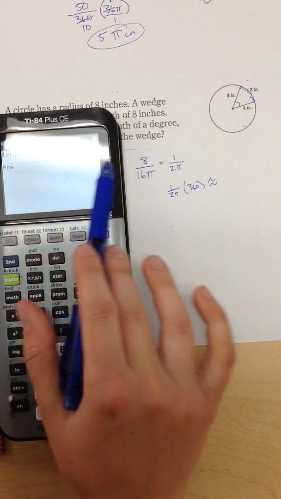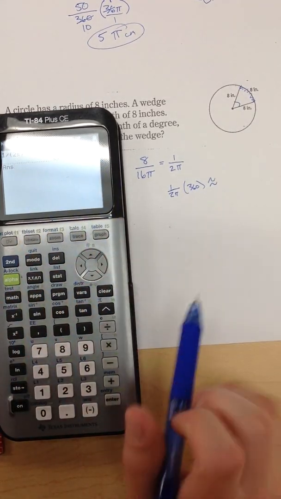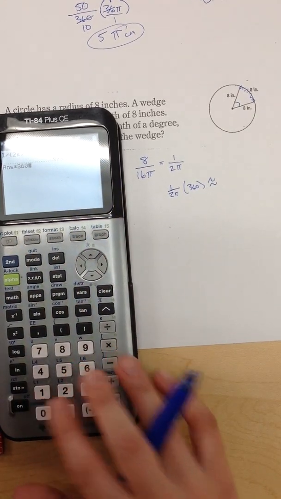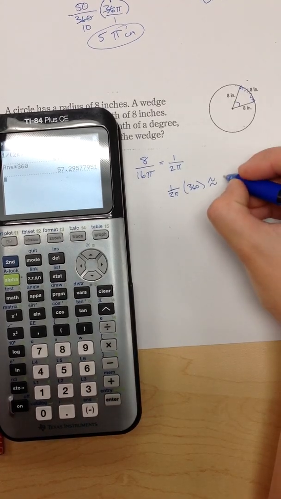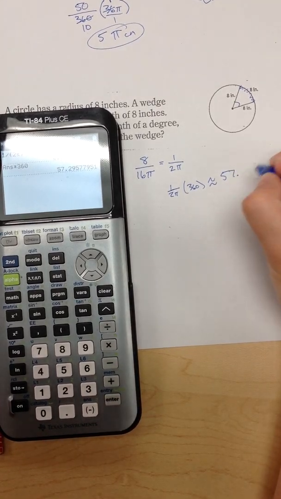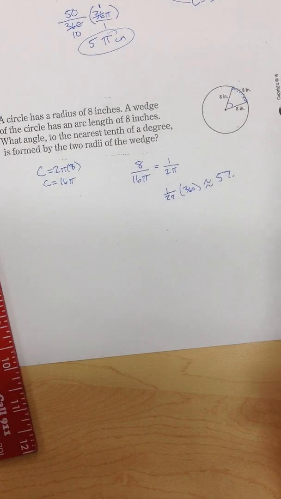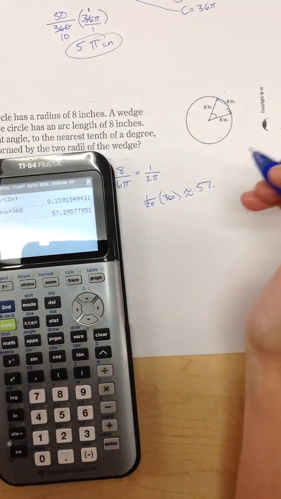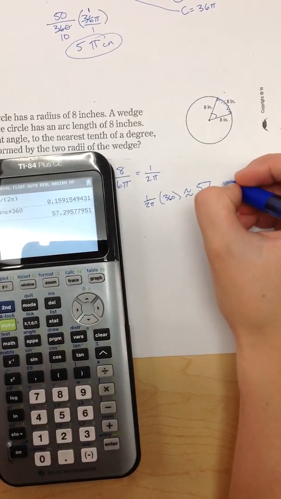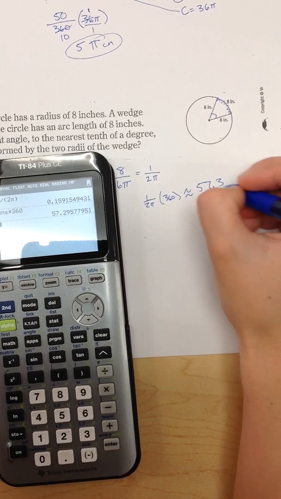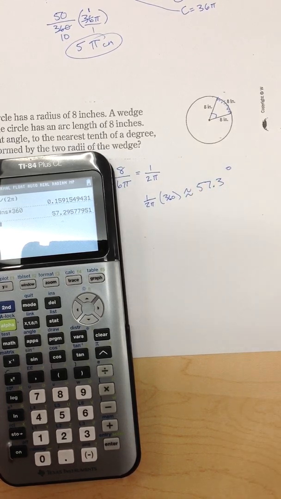So that's just going to take exactly what it says there, and now I'm going to take that times 360, and I should get approximately 57 point, what are we supposed to round to? Nearest 10th, so that would be 1 position behind the decimal point, so 57.3 degrees. Okay?